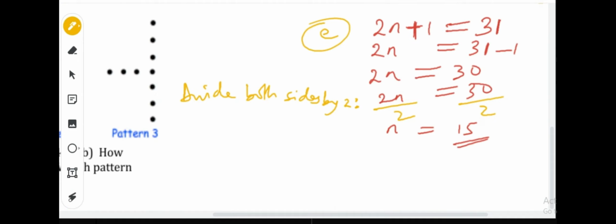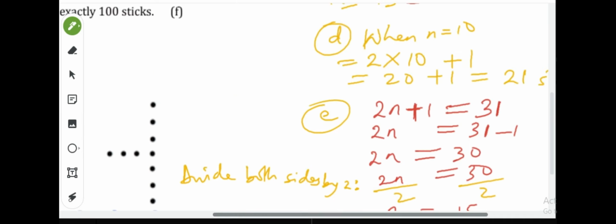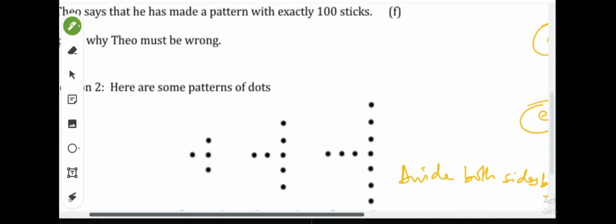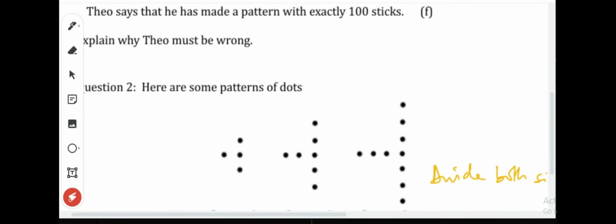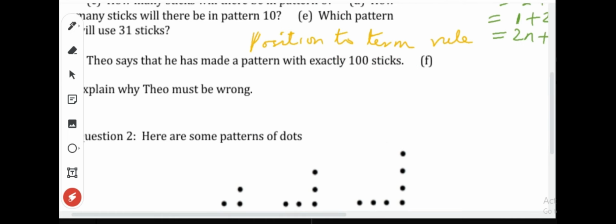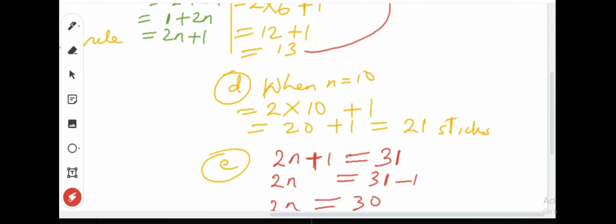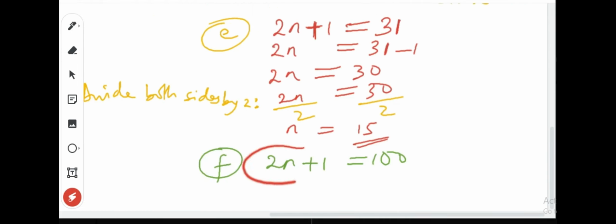That's F. We say 2n plus 1 equal to 100, because it says 100 sticks. Theo says he made 100 sticks, so the total is 100, just like the total of this one was 31. So the formula is equal to 100, 2n plus 1 equal to 100.